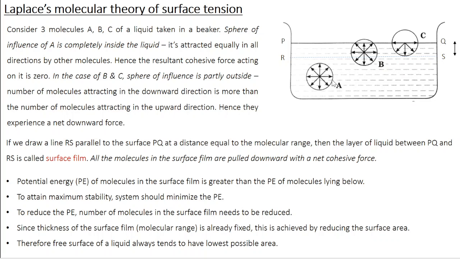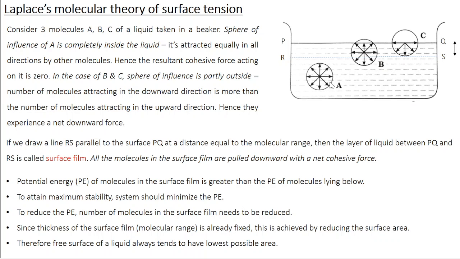The sphere of influence of A is completely inside the liquid, which means it is attracted equally in all directions by other molecules. Hence, the resultant cohesive force acting on it is 0, right? Because for force in any given direction, you have a force in the opposite direction. So these two cancel.